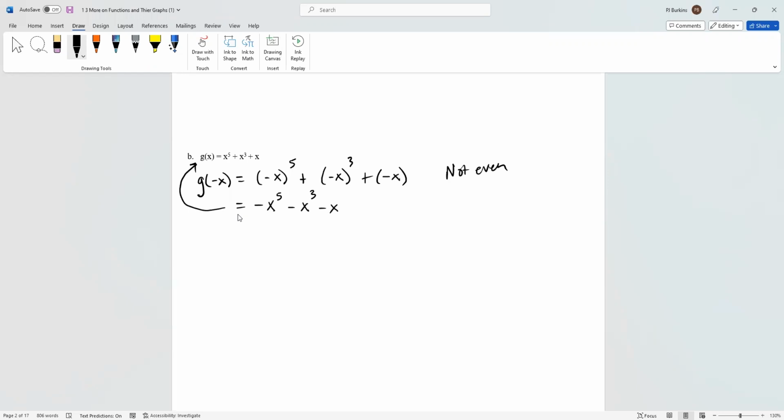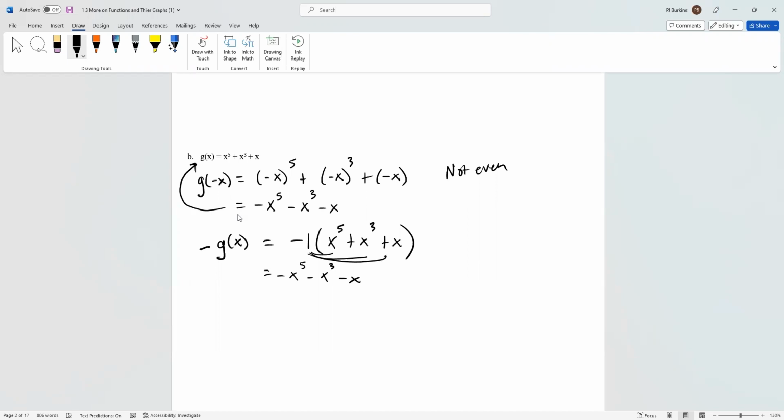We continue by doing negative of the original function. So negative of everything, which was x to the fifth plus x cubed plus x. If you think about it, that's really like a -1 that we're going to distribute to everything in there. So this becomes minus x to the fifth minus x cubed minus x.